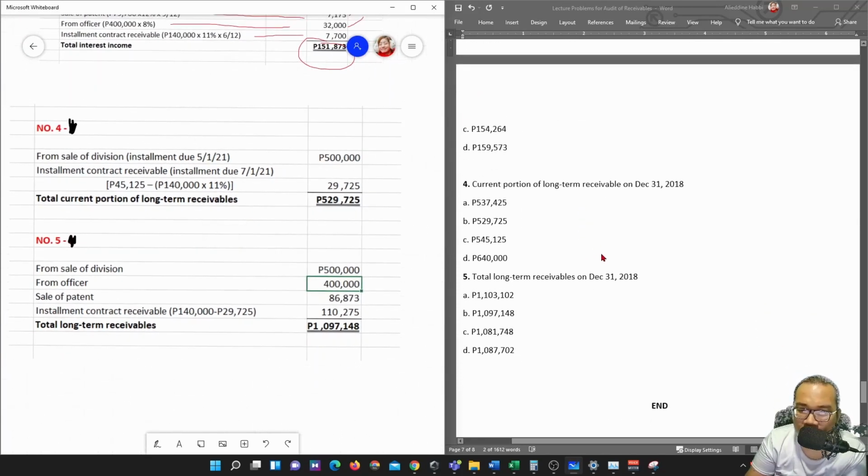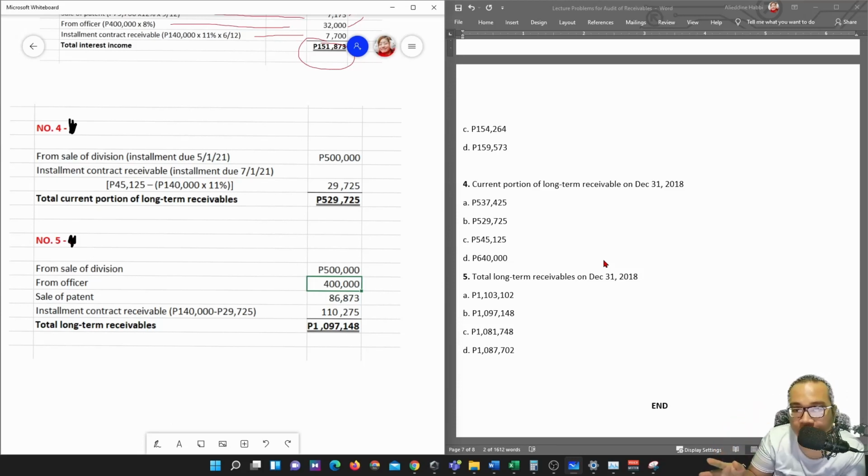So, number 4 naman, current portion of long-term receivable on December 31, 2018. Sa amortization table natin, meron yung current portion and yung long-term portion. Yung current portion, yun yung receivable, or pag liability naman, yung payable for the current period.